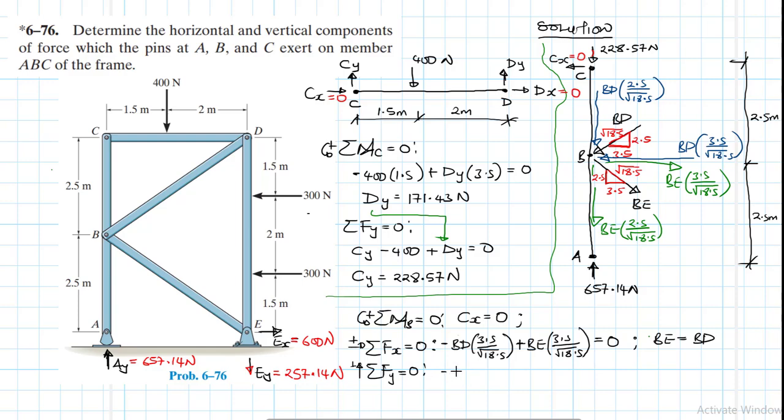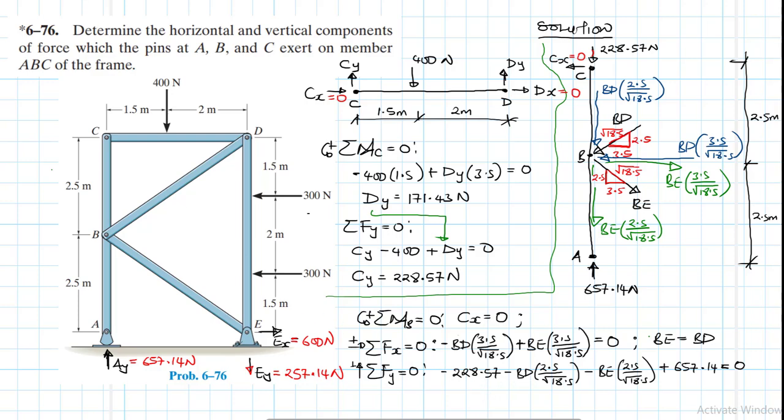We have a minus 228.57, then a minus BD by 2.5 divided by root of 18.5, then a minus BE by 2.5 divided by root of 18.5, then plus 657.14 is equal to 0.